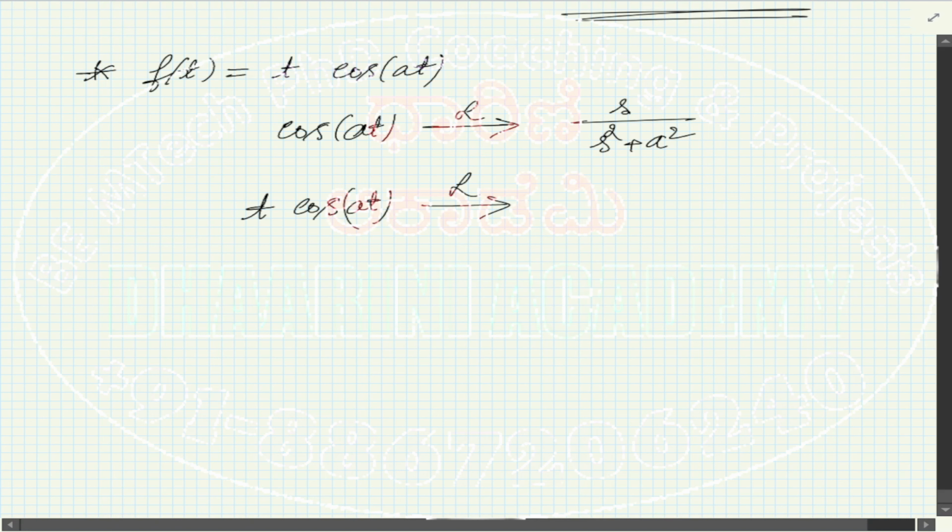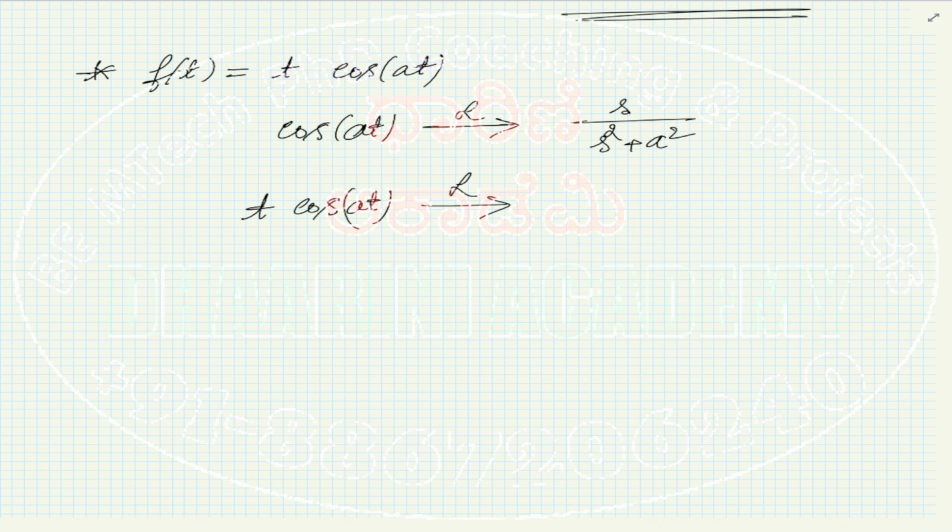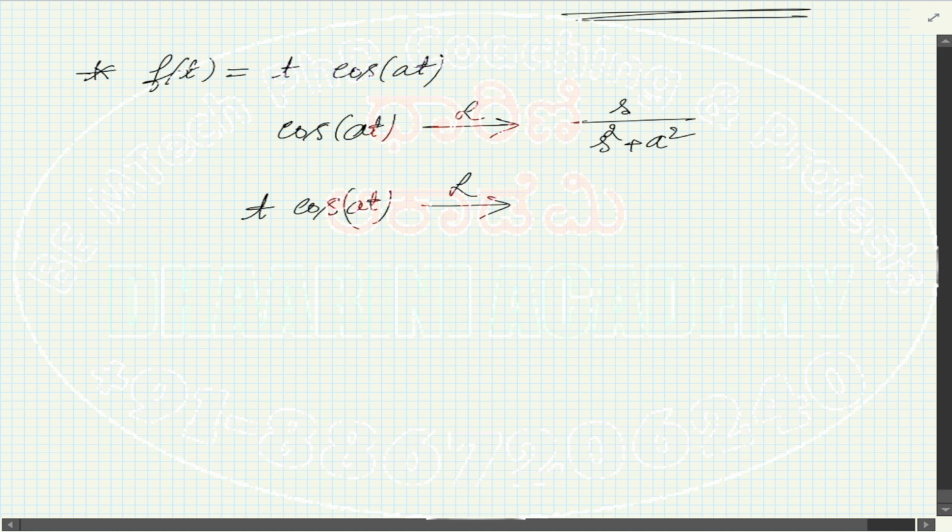Recall the property: when I multiply the function by t to the power n, I should multiply with minus 1 to the power n, so minus 1 to the power 1 into d by ds (d to the n by ds to the n, but n is 1) of the right hand side, that is, F of s, which is s by s square plus a square. This is the rule.